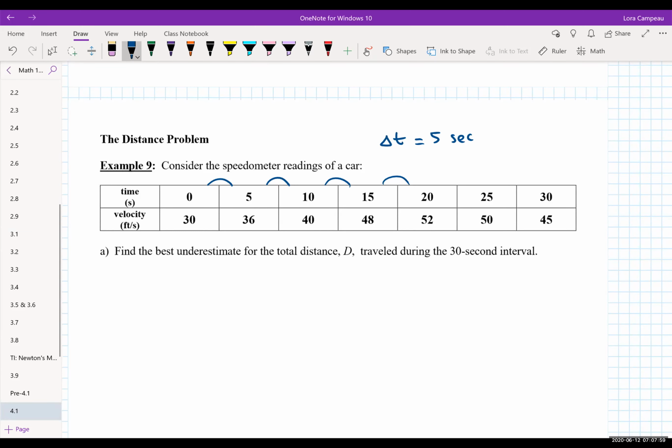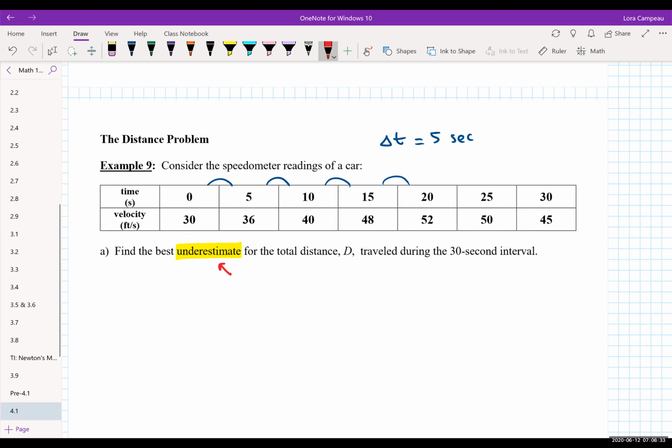For part A, they are interested in finding the best underestimate for the total distance D traveled during the 30-second interval. Okay, so what I need to be careful about is that we've been used to underestimate being left, but it depends on the context of the problem.